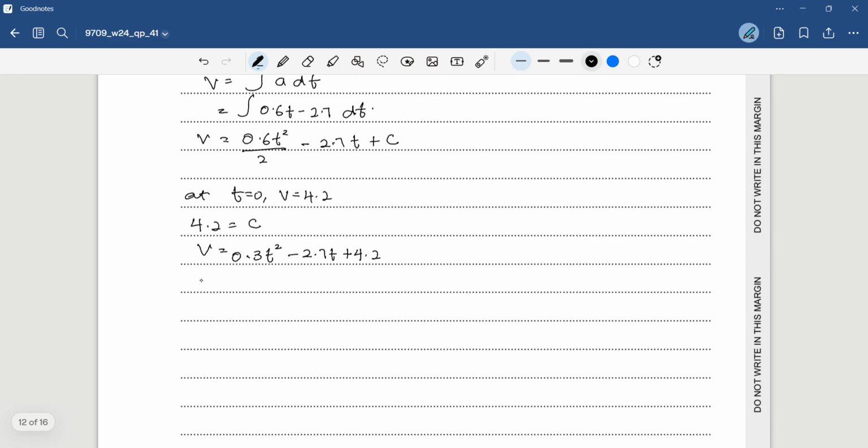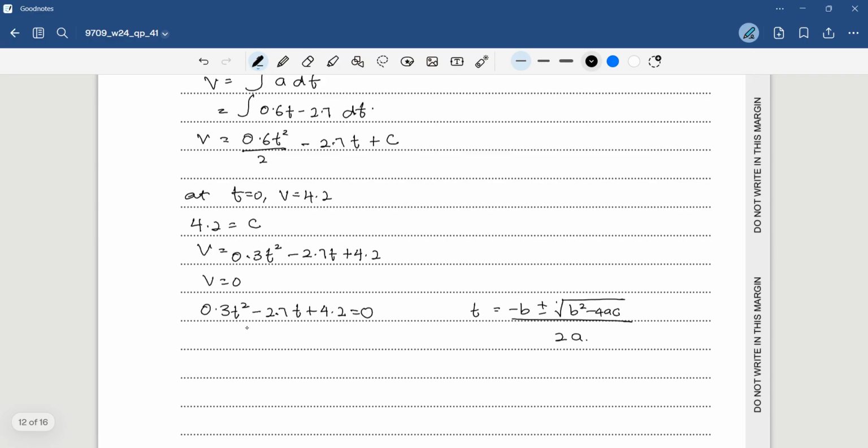When v equals 0, it's going to be 0.3t squared minus 2.7t plus 4.2 equal to 0. You can use the quadratic formula: t is equal to negative b plus minus square root of b squared minus 4ac over 2a.